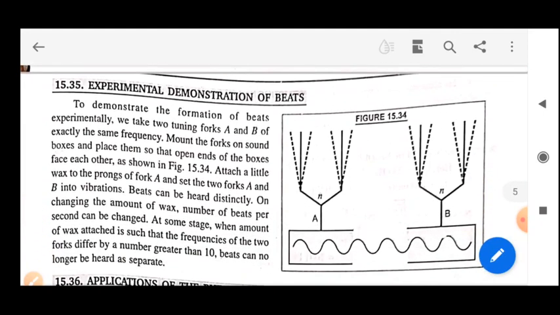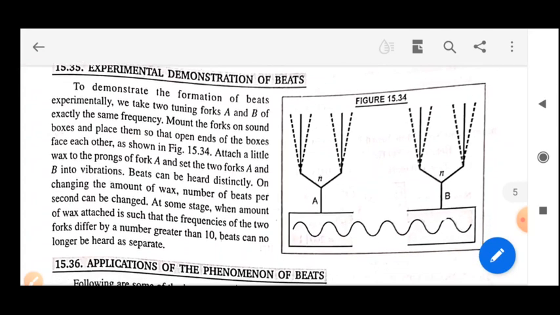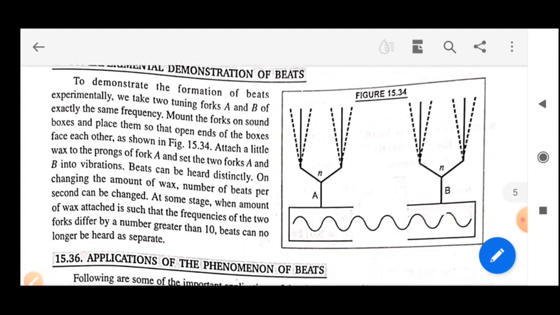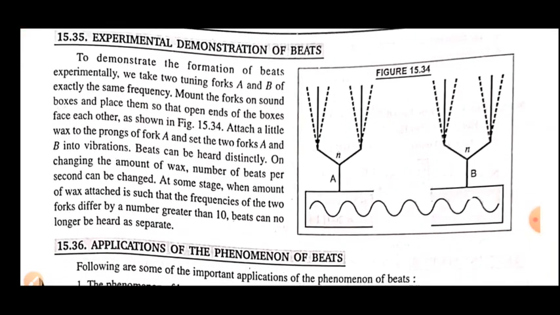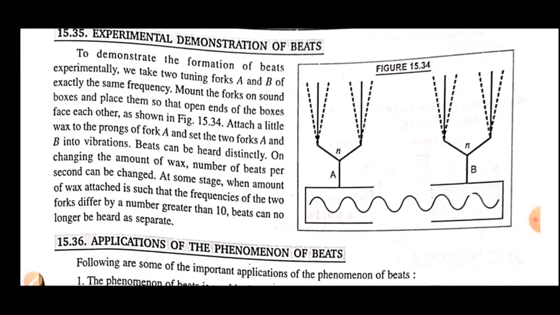Here the experimental demonstration of beats is also given. So let's see how we can demonstrate it. In the figure you are seeing, A and B are the tuning forks. To demonstrate the formation of beats experimentally, we take two tuning forks, A and B, of exactly the same frequency. Mount the forks on sound boxes and place them so that the open ends of the boxes face each other.